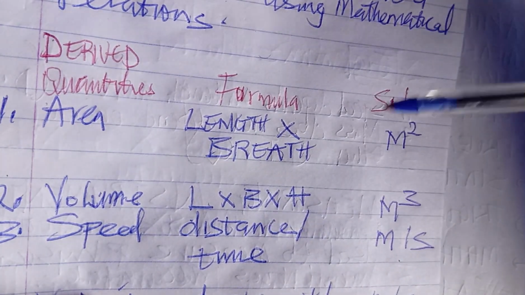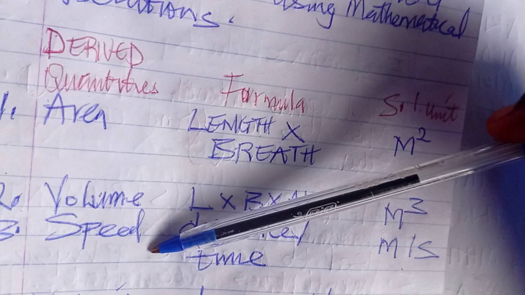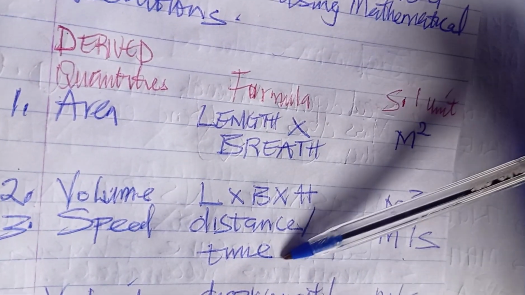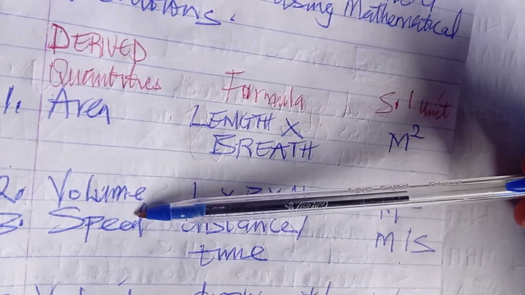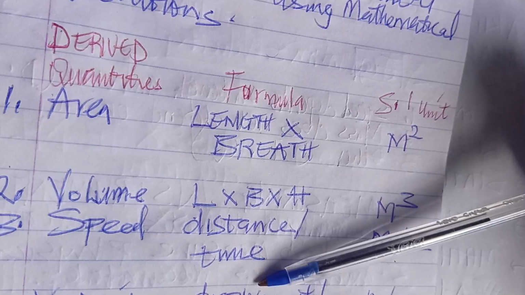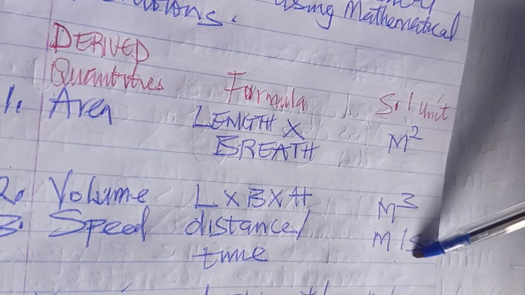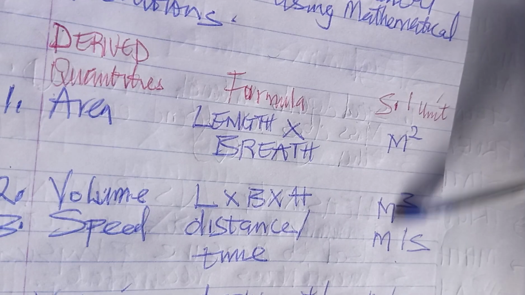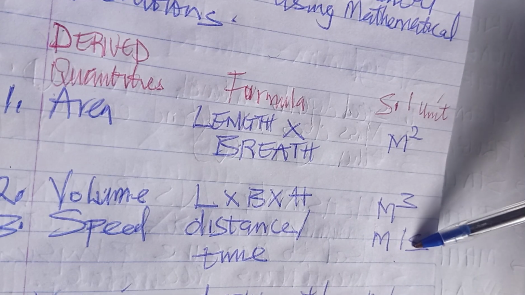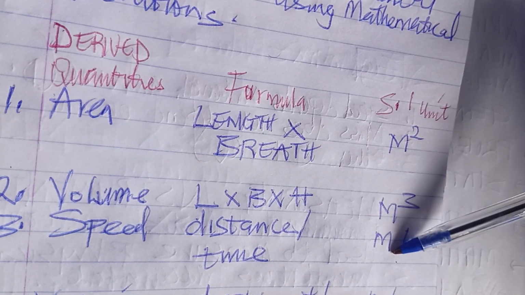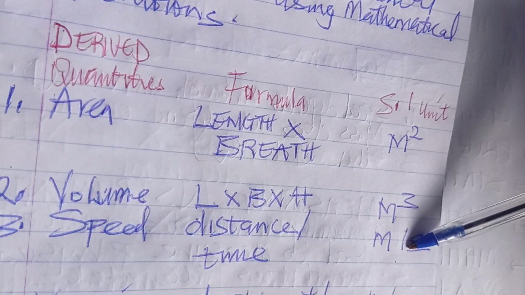The same thing applies with speed. Speed is distance over time. The unit of speed is meter per second. Speed and velocity have the same unit.